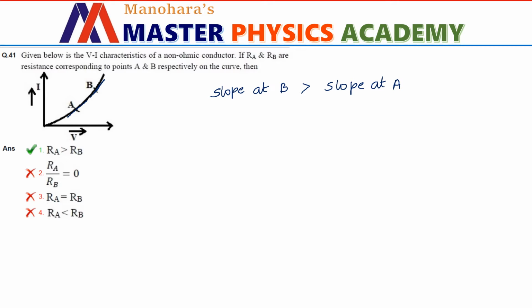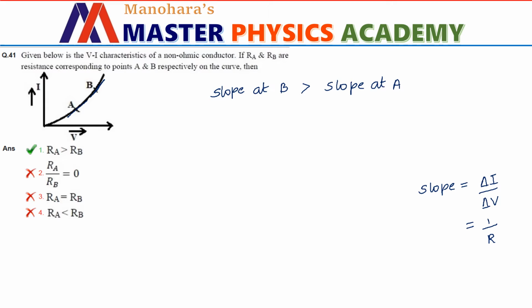First of all, what does slope give here? Slope gives change in current divided by change in voltage at that particular point, which is nothing but the inverse of the resistance at that point.